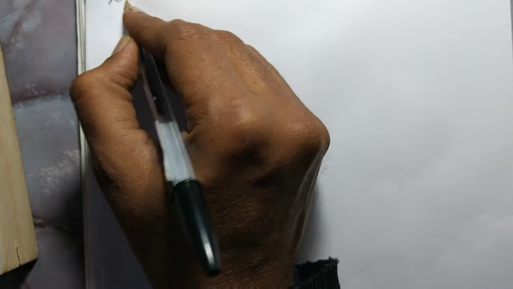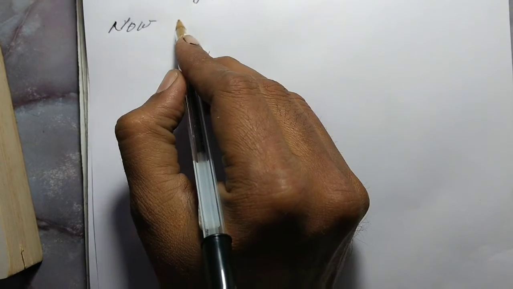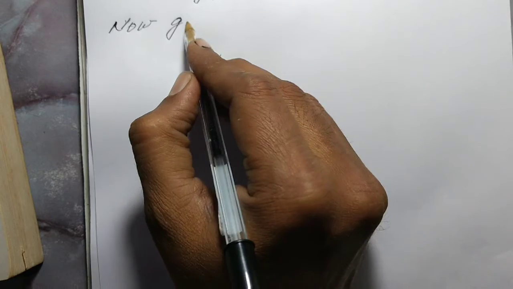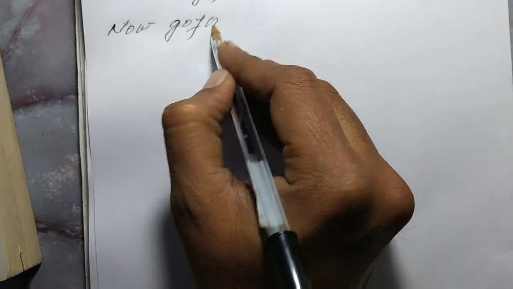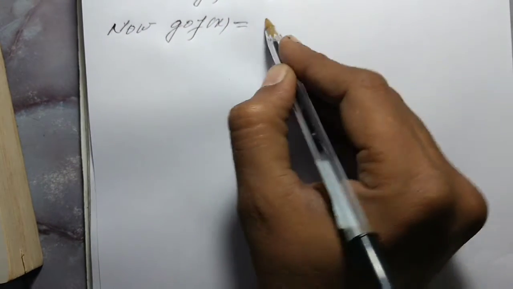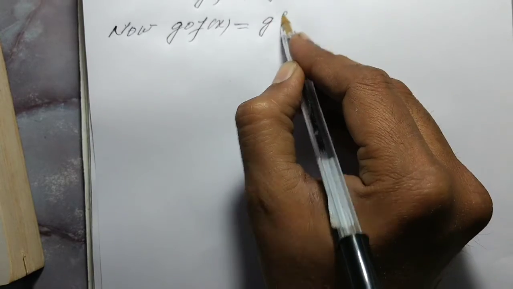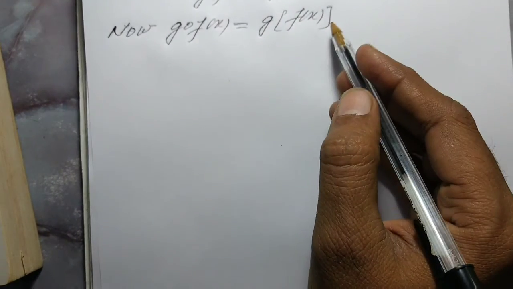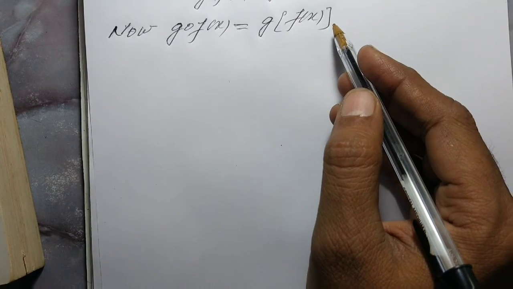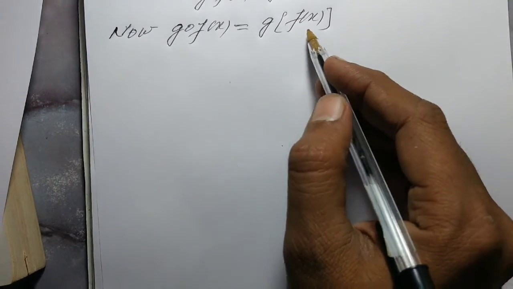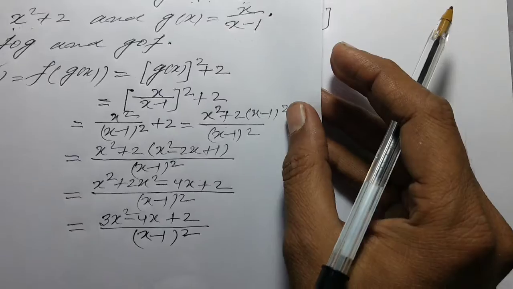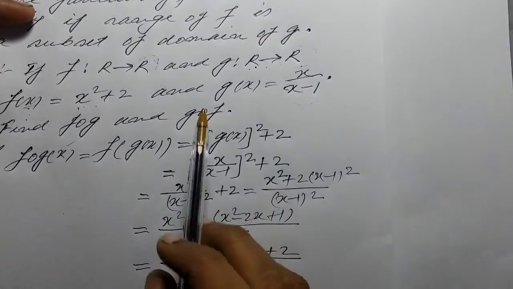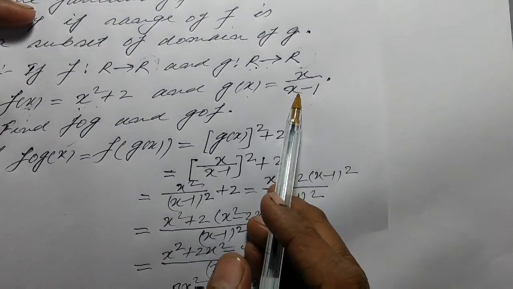Now we have to find gof. So gof(x) is equal to g of f(x). To find g(f(x)), we have to replace x by f(x) in g(x). As we have seen, g(x) is equal to x upon x minus 1.